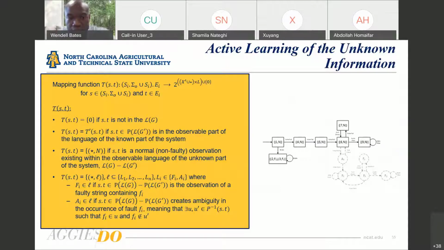And then if we're not sure if the inverse projection provides a string that's non-faulty and a string that's faulty, then we call that ambiguous, and that's represented by an A.